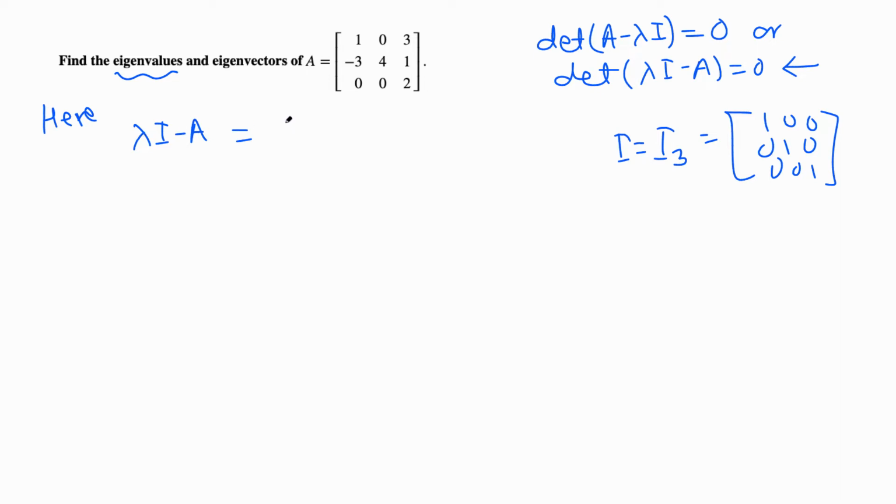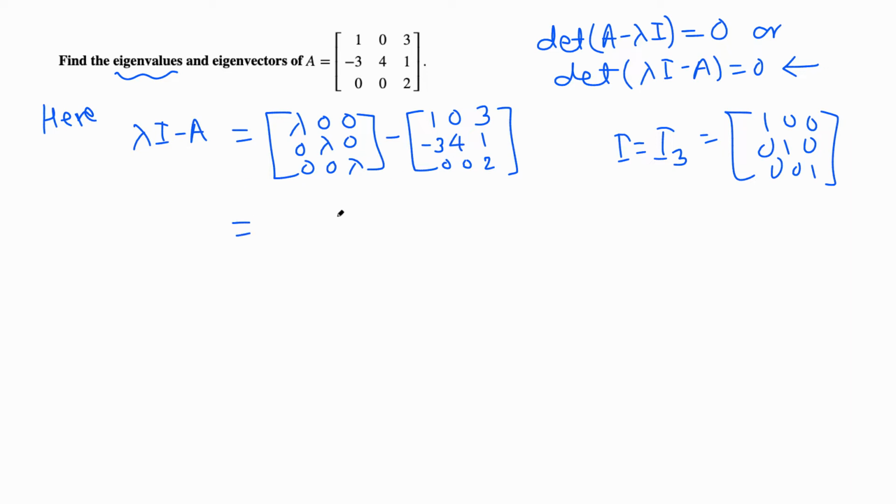So lambda I is lambda 0 0, 0 lambda 0, 0 0 lambda, minus A. A is the given matrix, 1 0 3, negative 3 4 1, 0 0 2.